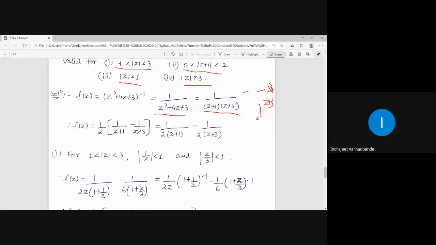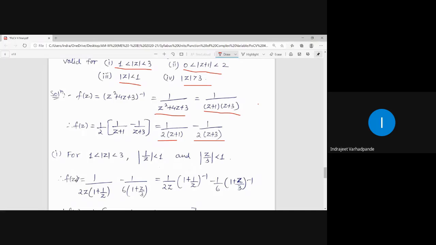This will be resolved with the help of partial fraction as half of bracket 1 upon z plus 1 minus 1 upon z plus 3. So 1 upon 2 times z plus 1 minus 1 upon 2 times z plus 3.